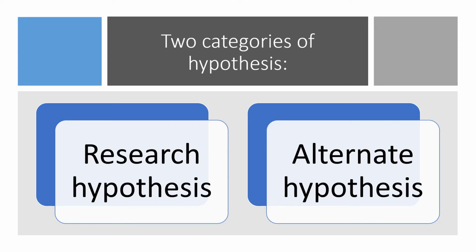In a way, an alternative hypothesis is the opposite of the research hypothesis. Conventionally, a null hypothesis or hypothesis of no difference is formulated as an alternate hypothesis. So let's take an example and see what comprises an alternate hypothesis.